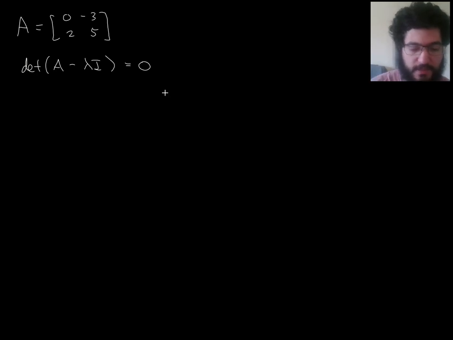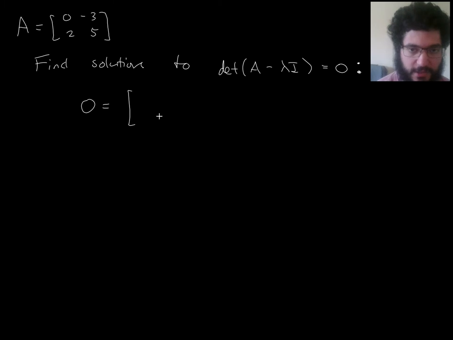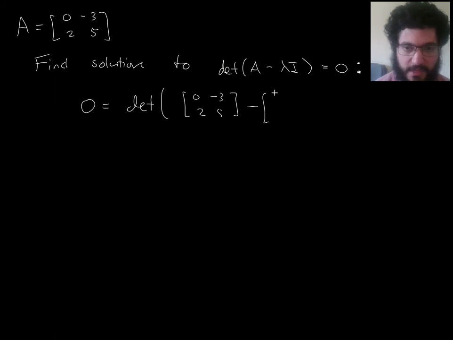So 0 equals the determinant of the matrix 0, -3, 2, 5, minus lambda identity, that's just a matrix with lambdas down the diagonal. So in other words, we're looking at the determinant of minus lambda, -3, 2, and 5 minus lambda.